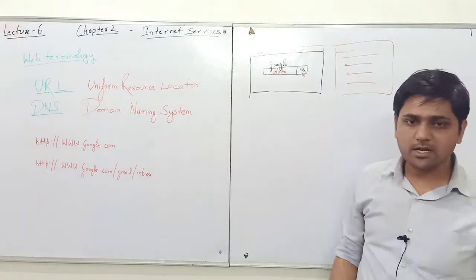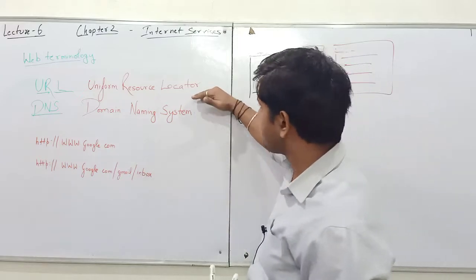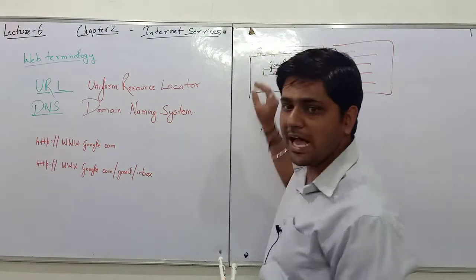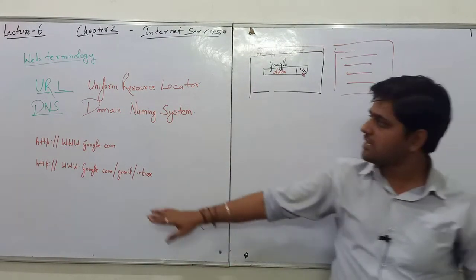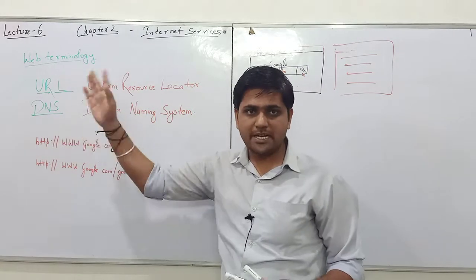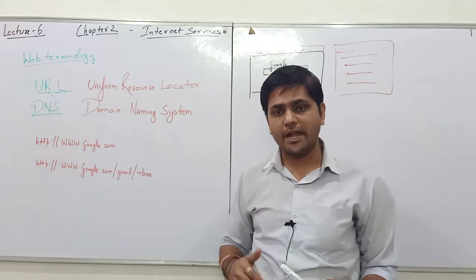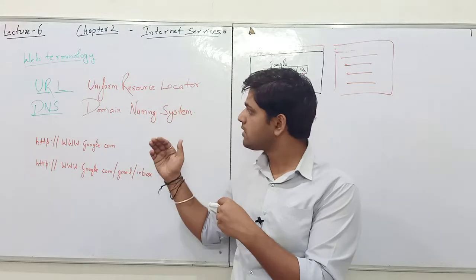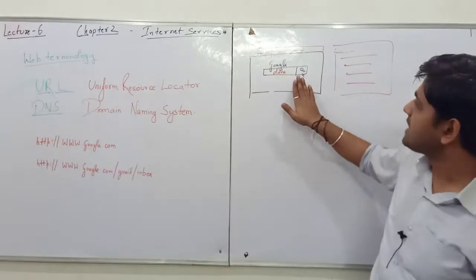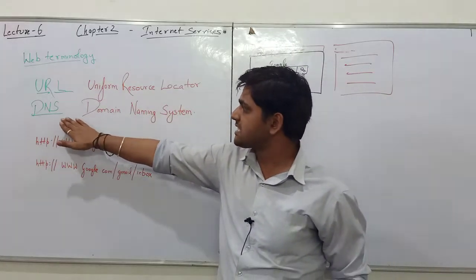Now how does this URL come? For giving a URL to any page, we have a system which is known as DNS. Randomly we cannot give any URL to any particular web page. For that we need a proper DNS system.